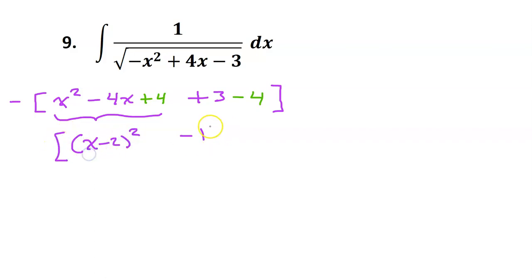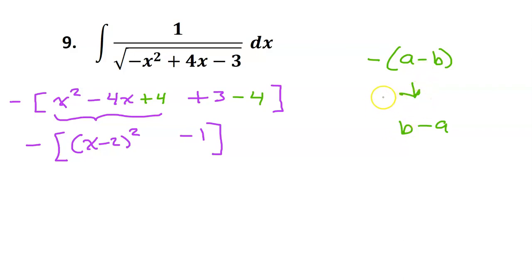So remember, I have this negative sign outside of the bracket. That doesn't show up in any rule. So I need to deal with that. So remember, if I have negative, let's say a minus b, this is the same as b minus a without the negative sign in front.